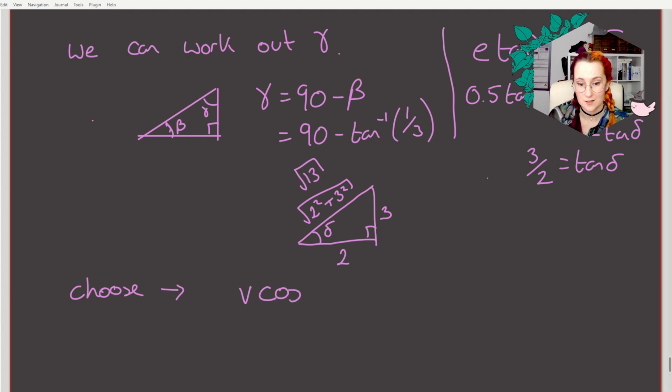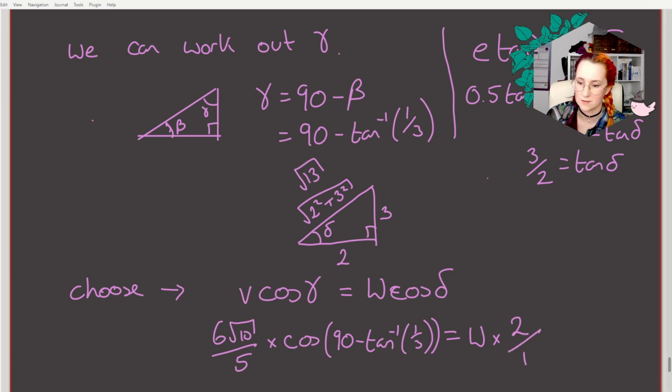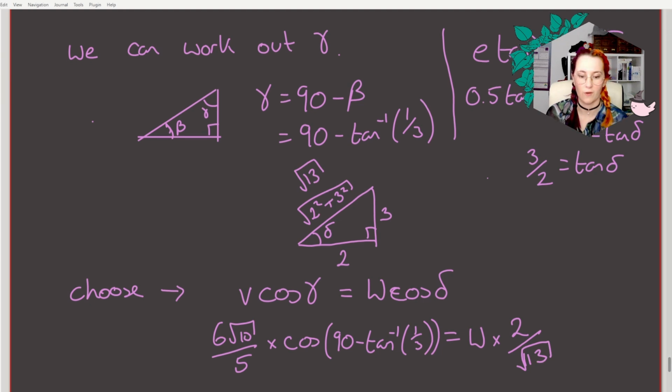So V cos of gamma is W cos of delta. So V is 6√10 over 5. I'm really hoping this turns out to be a really nice number. Times cos of 90 minus inverse tan of 1/3 is equal to W times cos of delta, which is 2/√13. Blech.